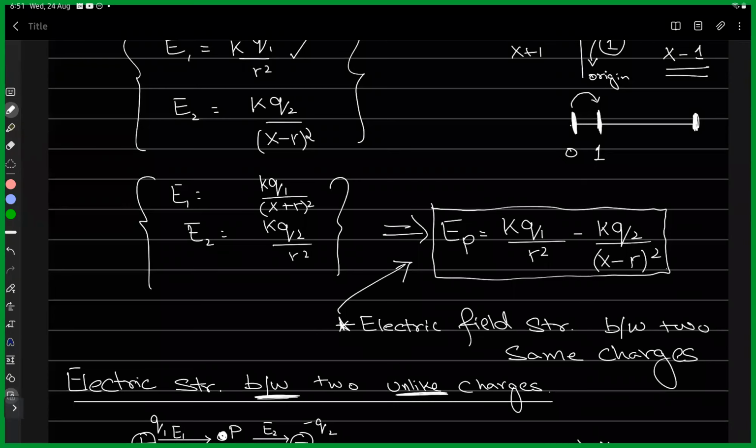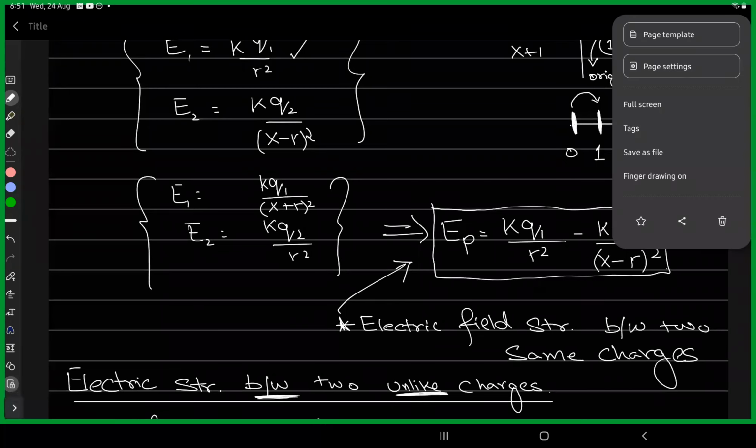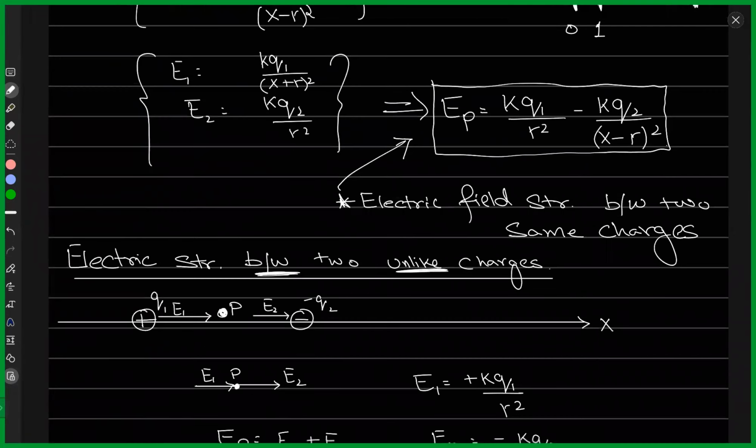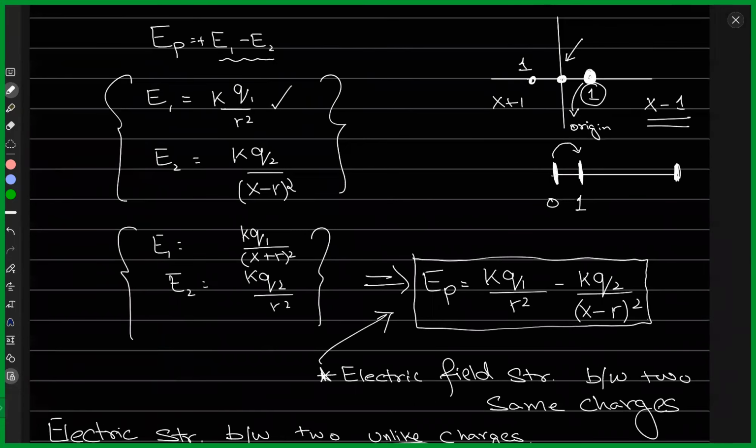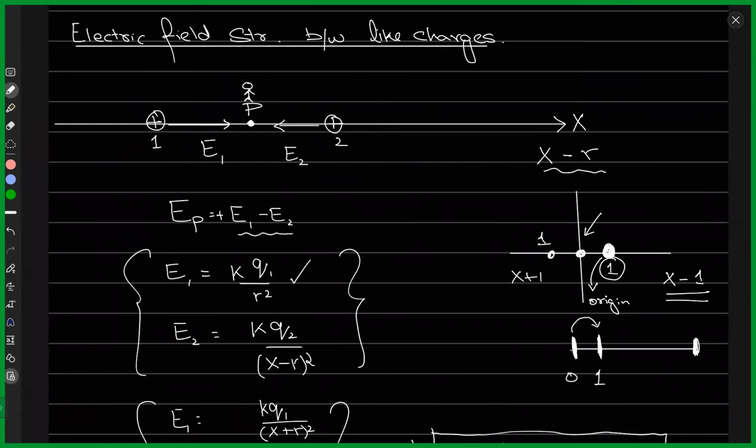Let me full screen. Okay, so last time we were discussing electrical field strength, right? We were talking about electric field strength between different types of charges, like and unlike charges. Suppose you have two like charges, positive, positive, or negative, negative, but both should be the same.